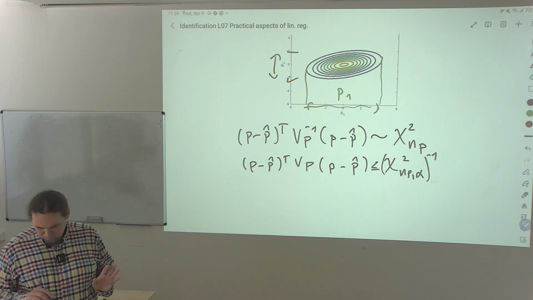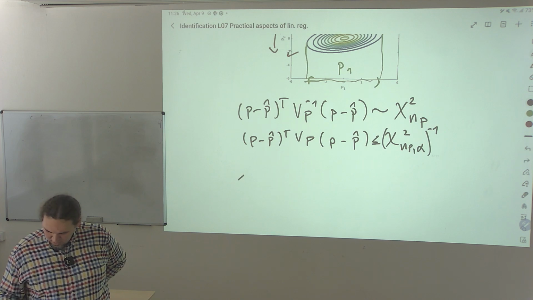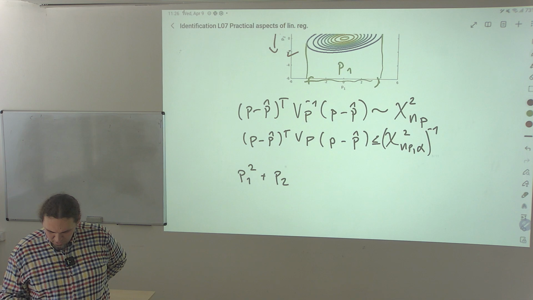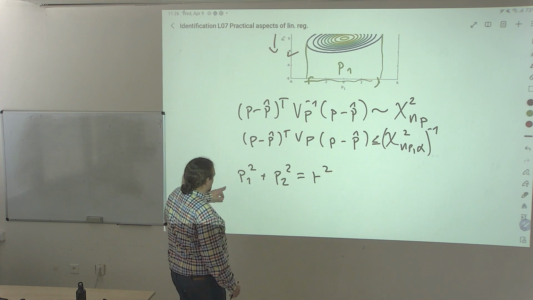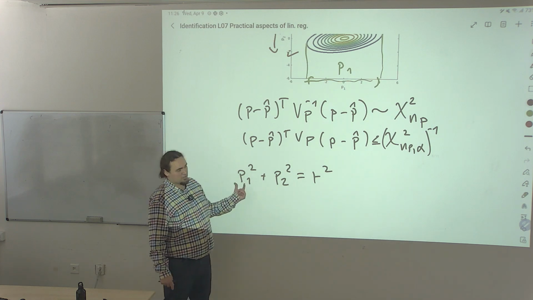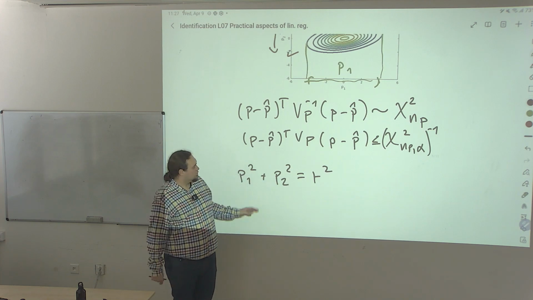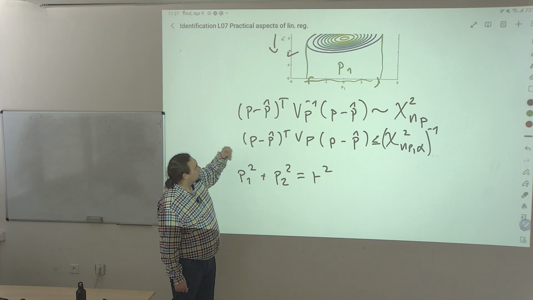But believe me, this is an equivalent of saying p1 squared plus p2 squared is equal to r squared. That would be just the circle, right? Like x squared plus y squared is equal to r squared. That's an equation of a circle. And now we do what?